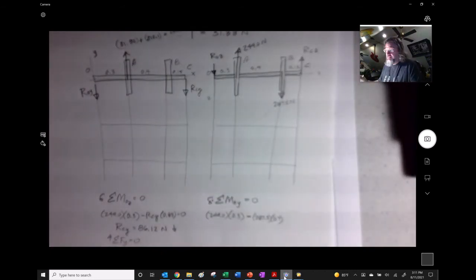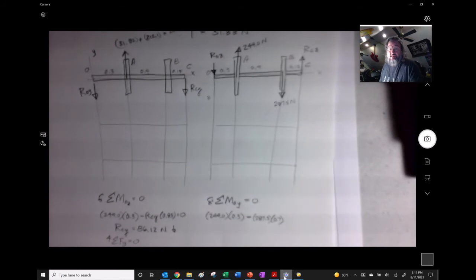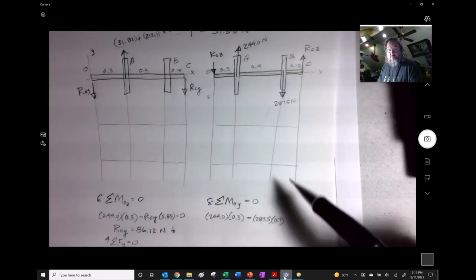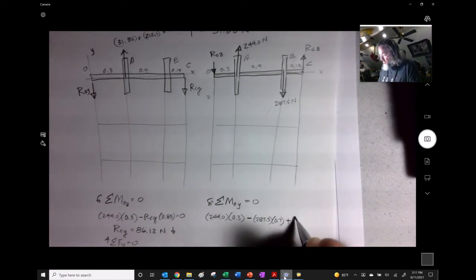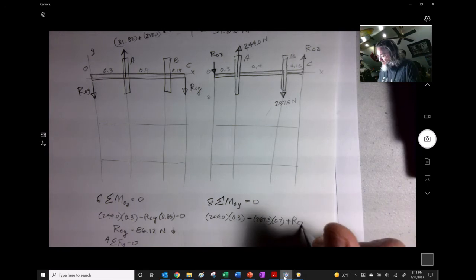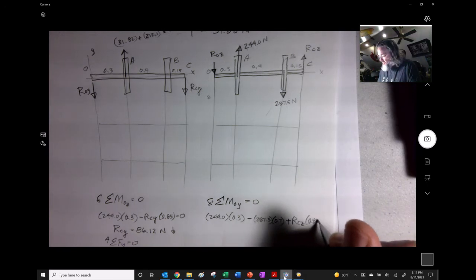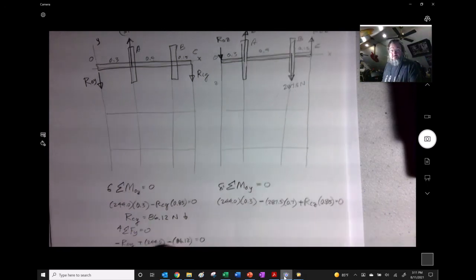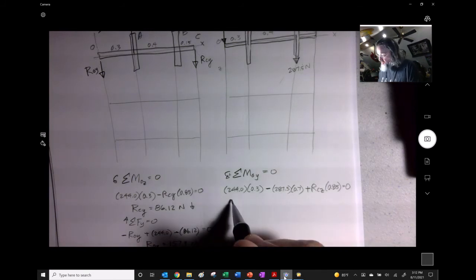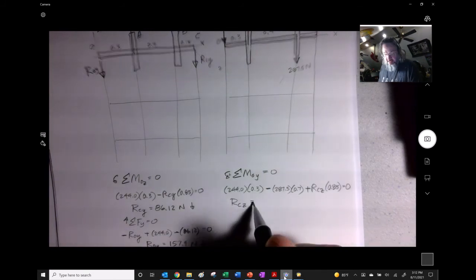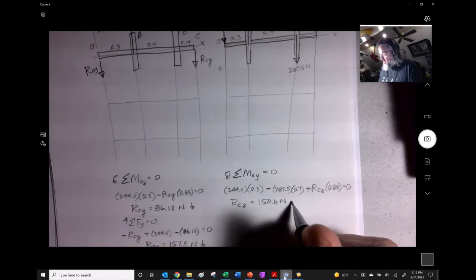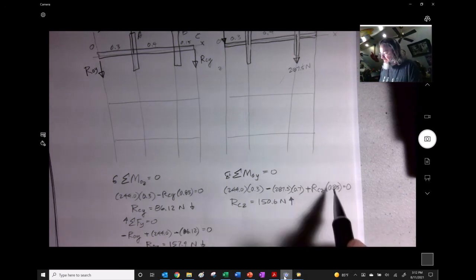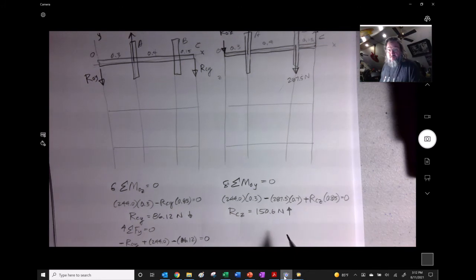Now, if we had guessed, we might have guessed that it was going downwards in this figure. And in that case, if we got a negative number, we could see that we chose wrongly. But here, we've already said that it must be that way. And that's the 0.85 equals 0, right? And so if we do that, we get RCZ equal to 150.6 newtons. So I get a positive answer, so I must have done it correctly.